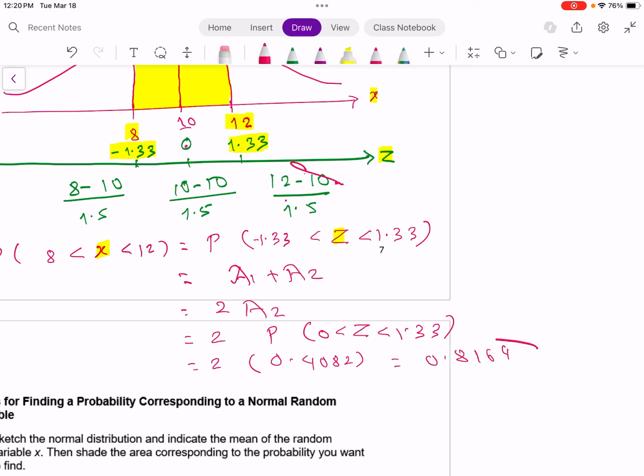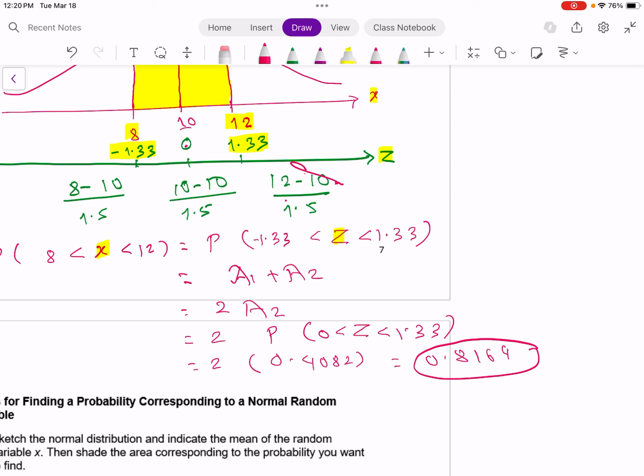This is the probability that the time is between 8 and 12. So if you have a normal distribution, you use the z table, but make sure to convert your x into z, and the remaining is the same, like whatever we did in our last class. Do you have any question?